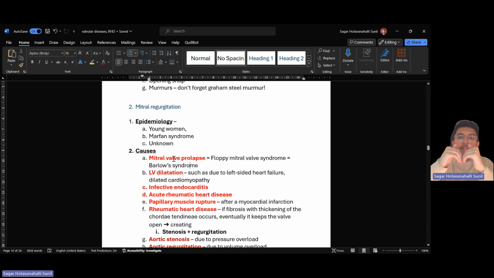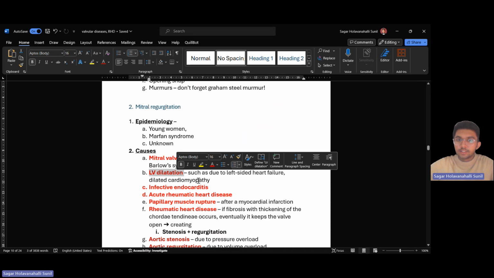By repeated ballooning, eventually they can become so weak that there can be regurgitation. Okay, so we also have left ventricular dilatation. Again, changes in the architecture of the chamber can cause loss of the functioning of the supporting structures of the valves, and that can cause insufficiency.